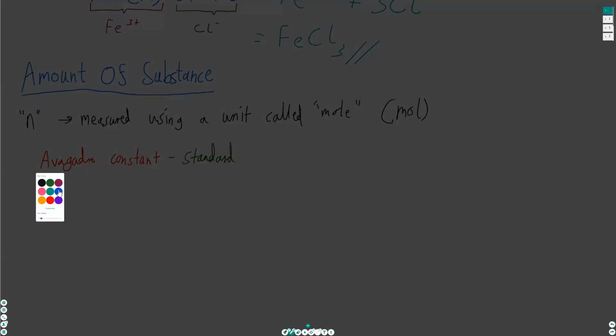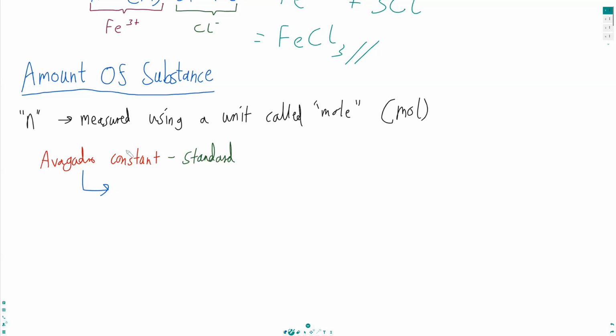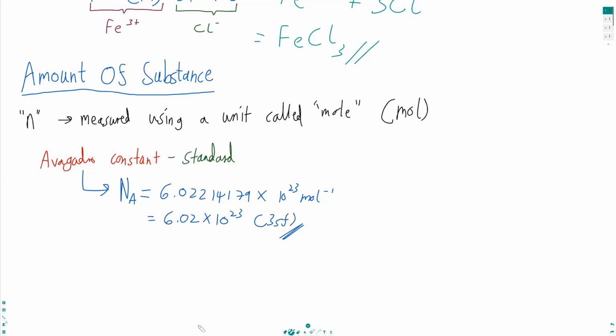And that number, which is represented by NA, is equal to 6.022 14179 times 10 to the 23 moles to the minus 1, and this is abbreviated down to 6.02 times 10 to the 23, rounded to 3 significant figures. So that's the Avogadro constant.